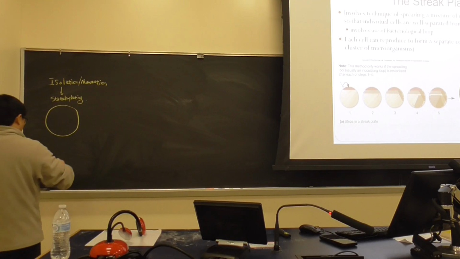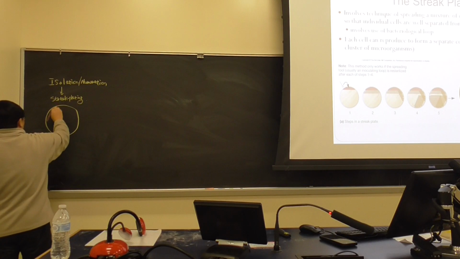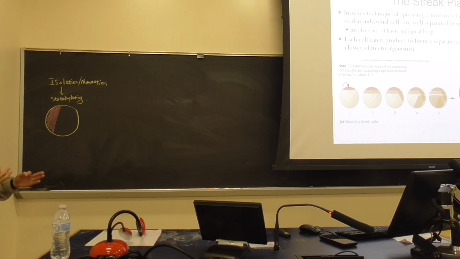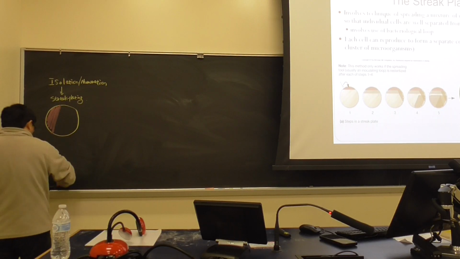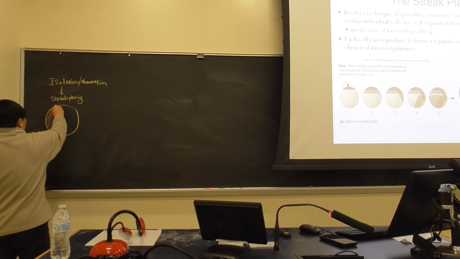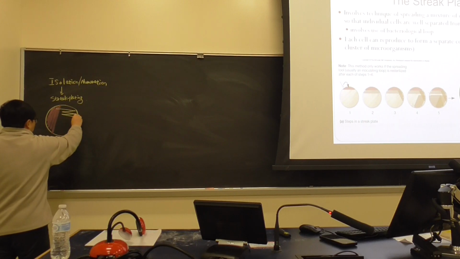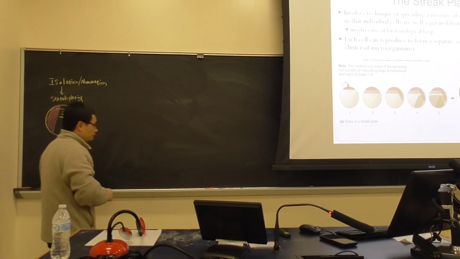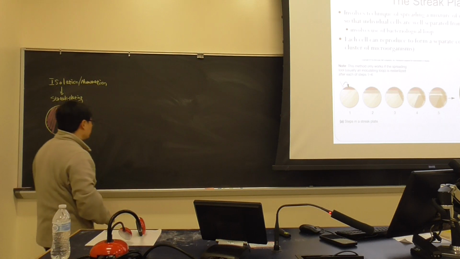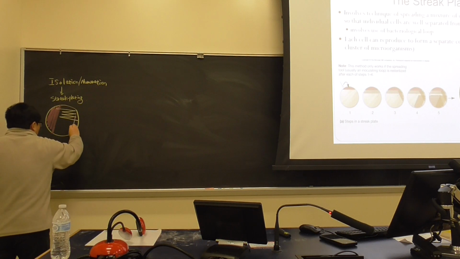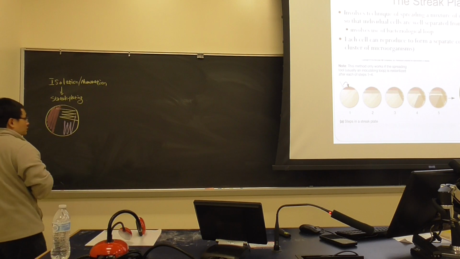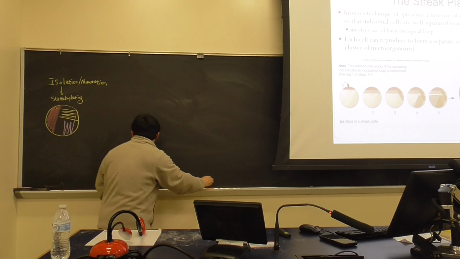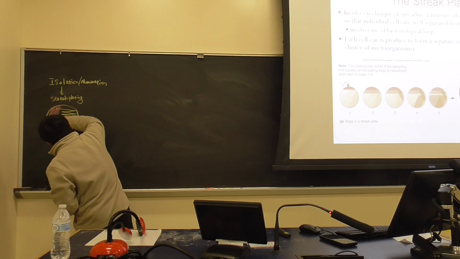and then on the edge of the first colony, we do a very intensive streak. Then we have to flame the loop to kill the bacteria. From the edge of the first section, we do a less intensive one. And then from the edge of the second one, we flame the loop, we do a third one. And in the last section, we flame the loop again and do the last one.